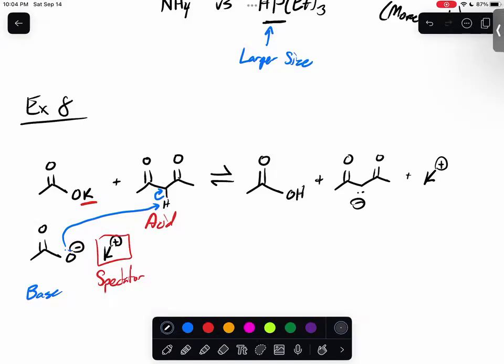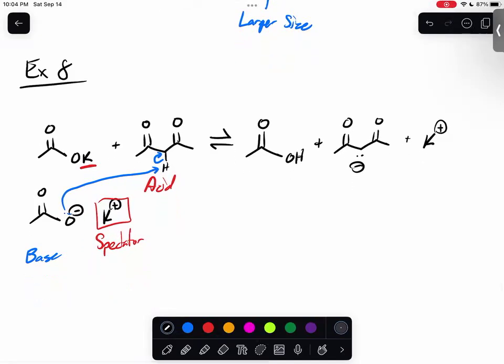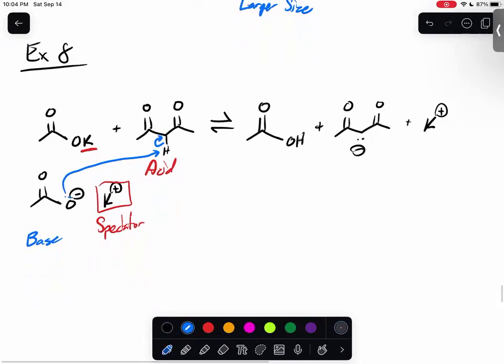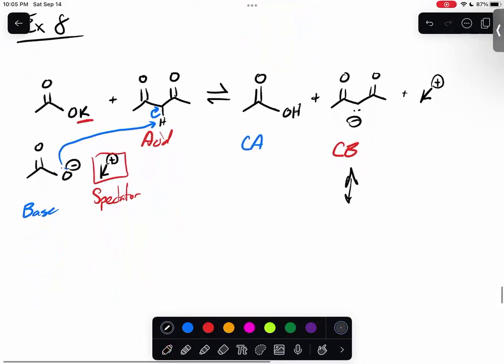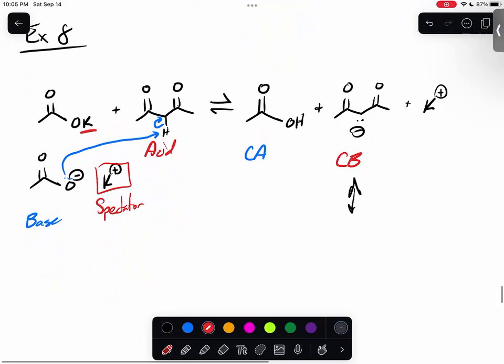Right? And so looking at the difference between these two, this is our conjugate acid, this is our conjugate base. If we're comparing our conjugate base and our base, we see that for the conjugate base over here, we can draw some resonance forms, where we can move the electrons up to the oxygens, right?